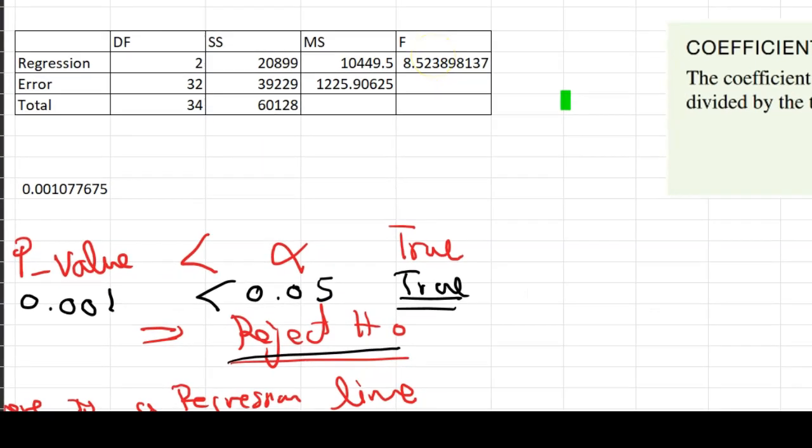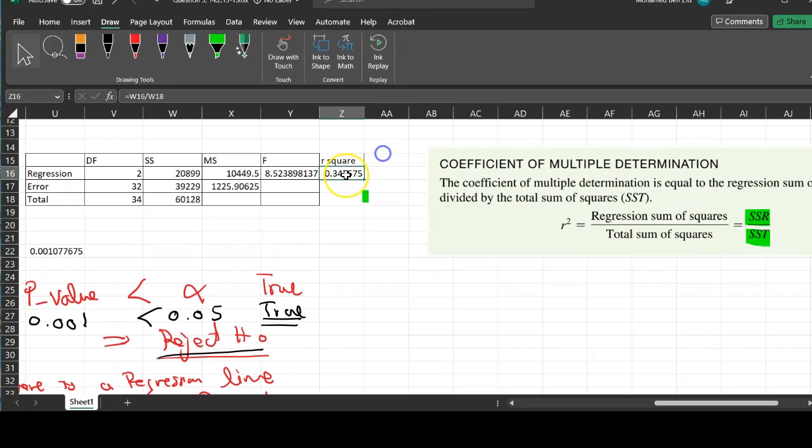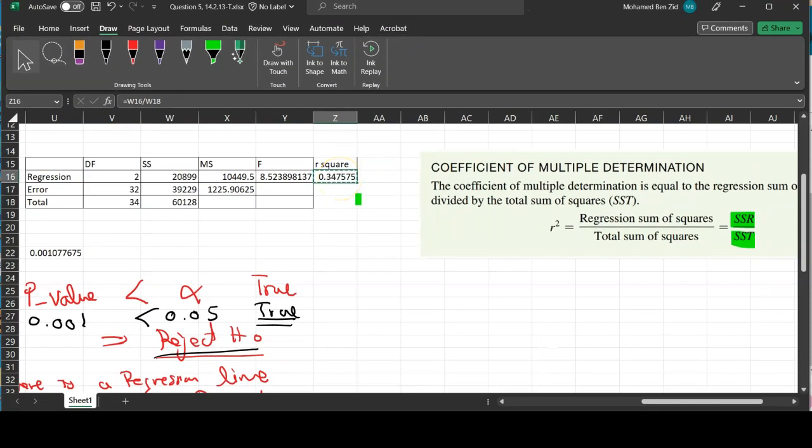Here is the sum of squares regression, 20,899, and the sum of squares total is 60,128. So we can just plug it in Excel: equal sign, 20,899 divided by 60,128, and that's going to be the number. Copy it and paste it.